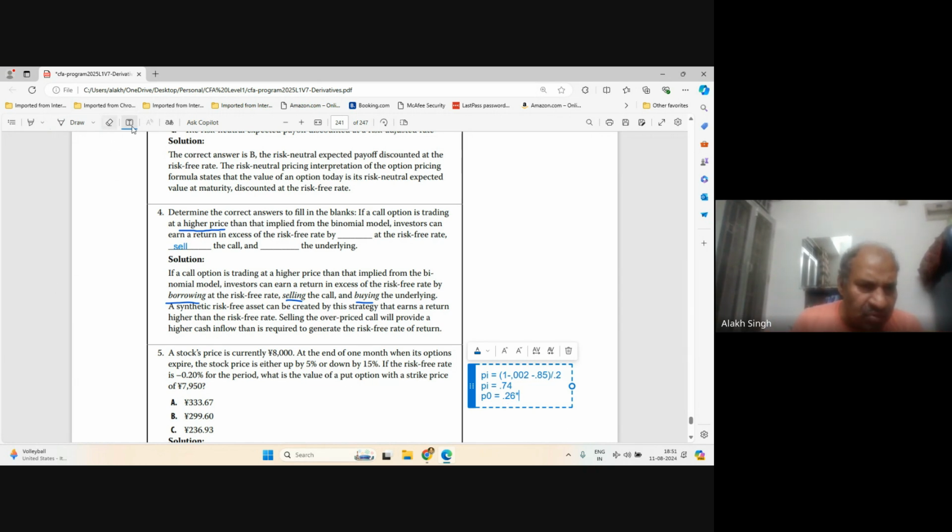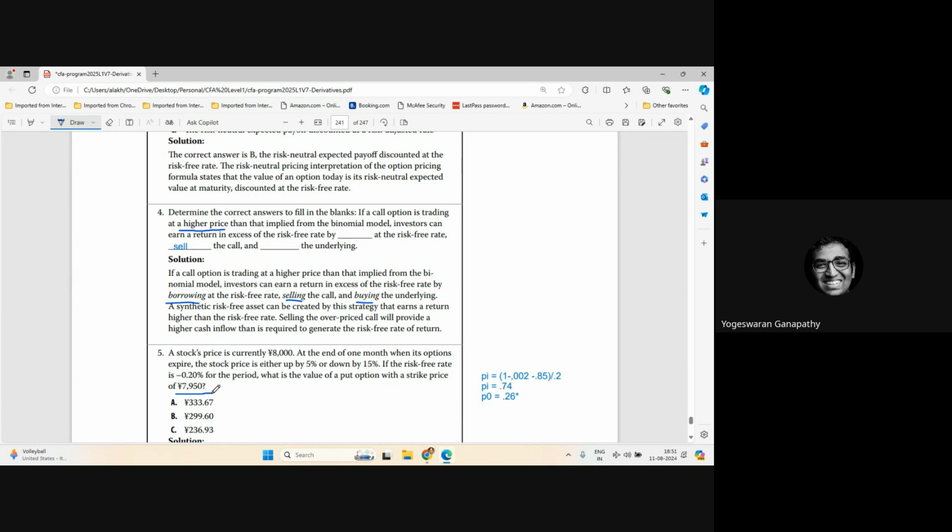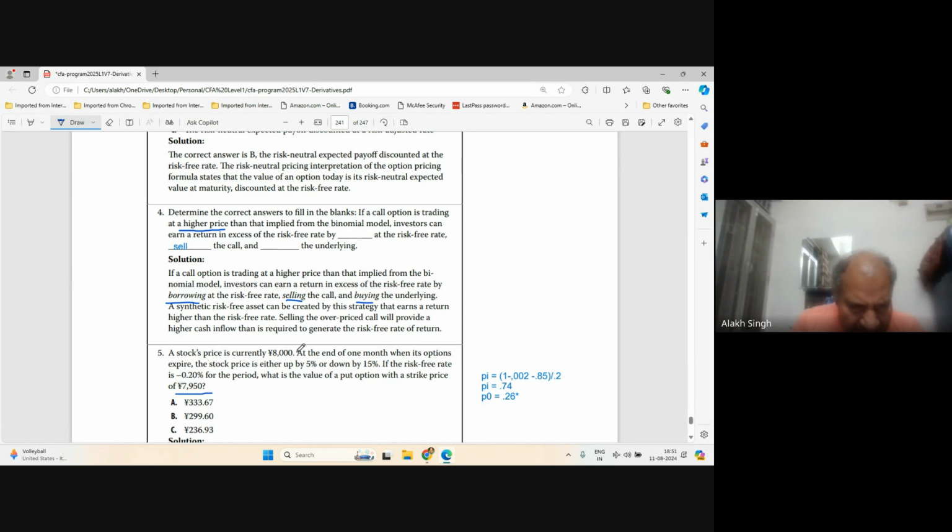If it goes down by 15%, the stock is 6,800, so the payoff is 1150. So 0.26 times 1150, and this divided by 1 plus R. It is only for 1 month.